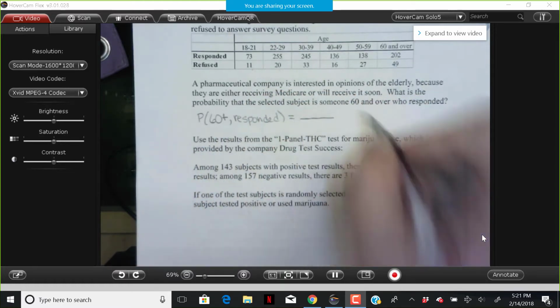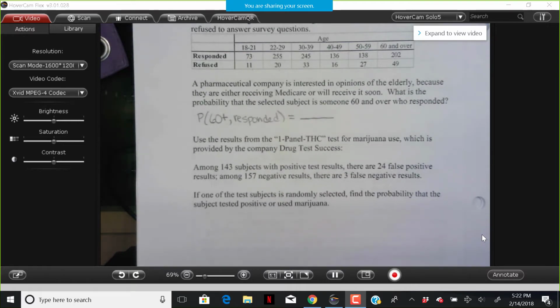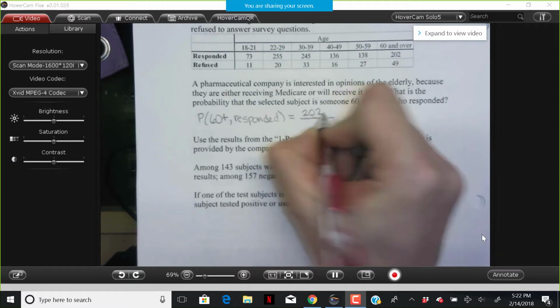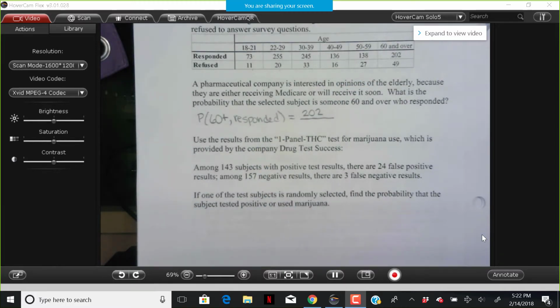So first of all, what am I going to put in the numerator? 202. 202. Over 251. Not just over 251. Yeah, we have to add everything together.